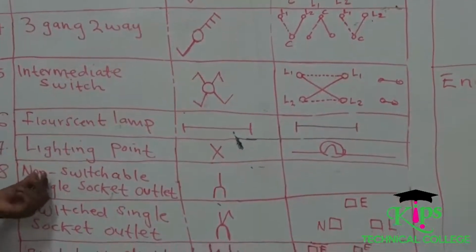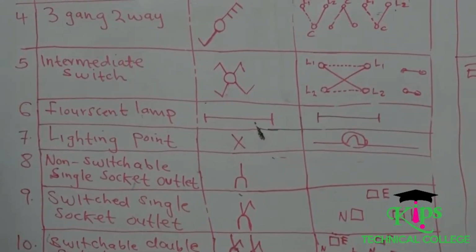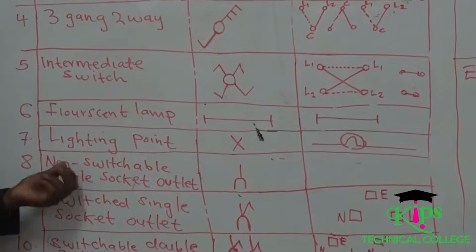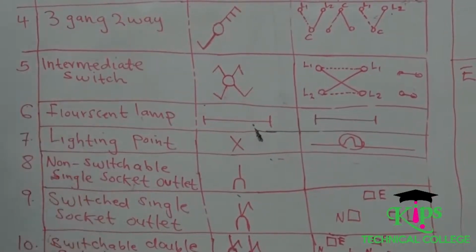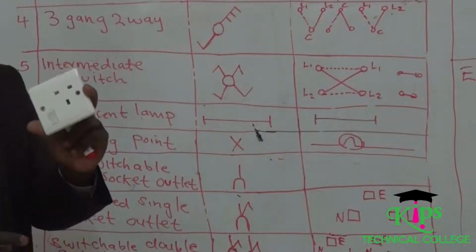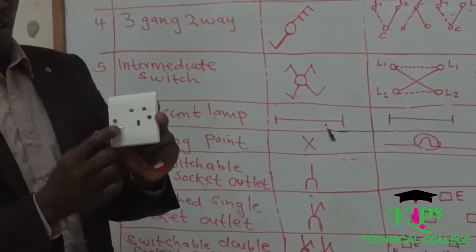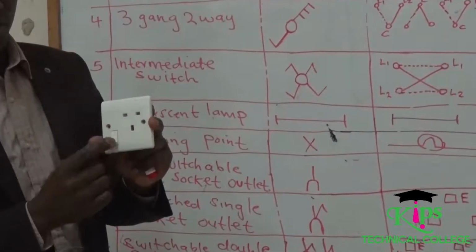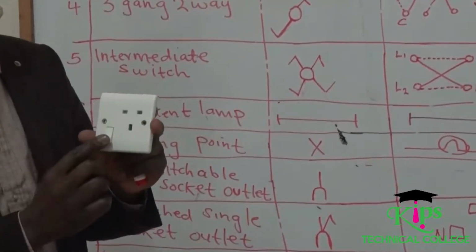We also have another component which is called non-switchable switch. We have a non-switchable switch and we have a switchable switch. The difference between the two is very simple. This is called a switchable switch because it is a socket outlet which has a switch. But there are other sockets which just have this one without this switch.